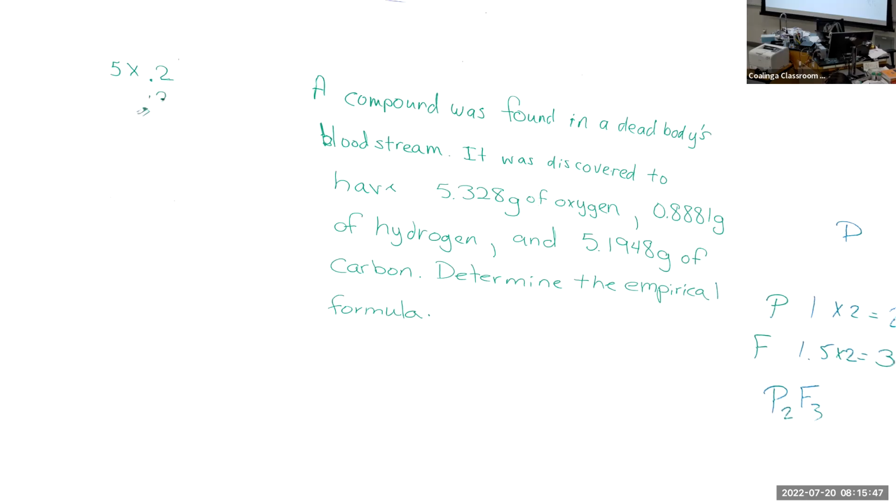If I have 0.25, if I have 0.333, and if I have 0.5, okay, if I have 0.6667, two-thirds, multiply by 3. 0.75. And then 0.8.